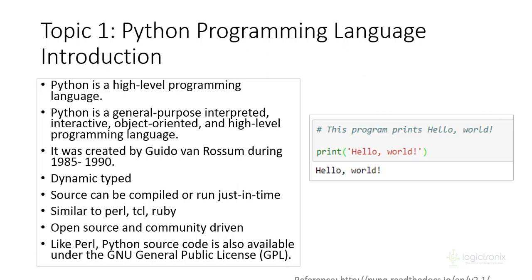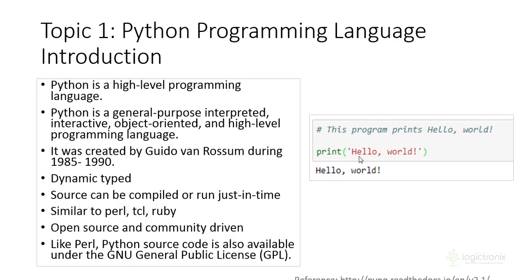It is like Perl, Tcl, or Ruby. It is a high-level language, quite easy to understand if you have already worked with an object-oriented language, and this is also an object-oriented programming language. Another important thing is that Python is open source, and its source code is available under the GNU public license.